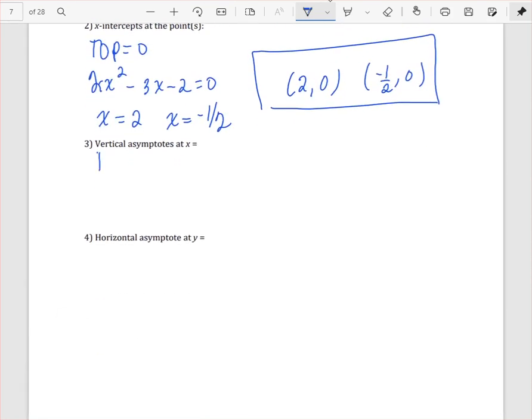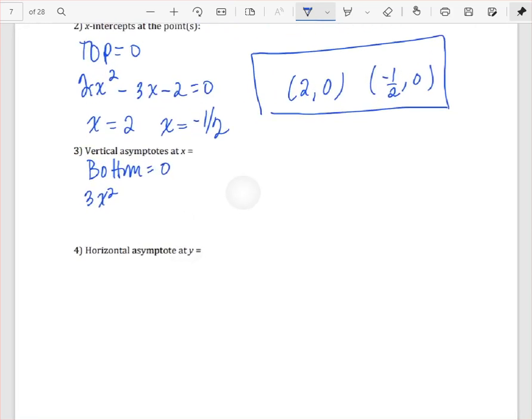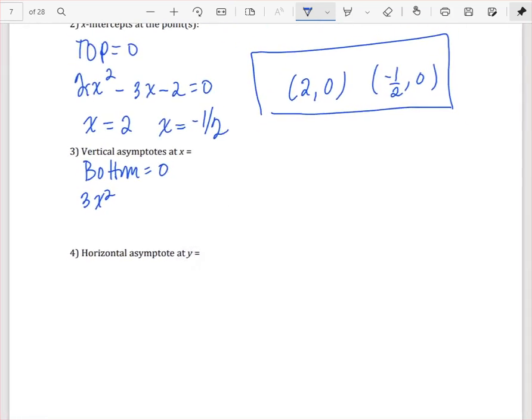The vertical asymptotes are going to come from the bottom. And again, we have the answers for these already.